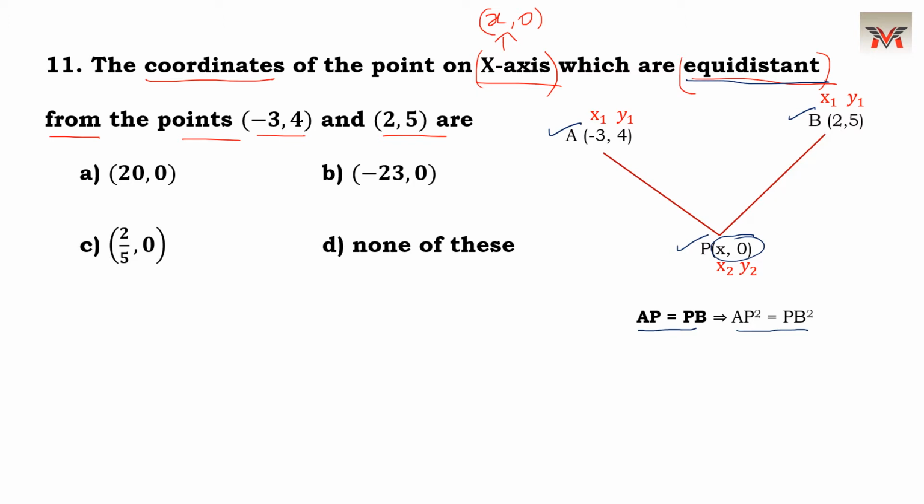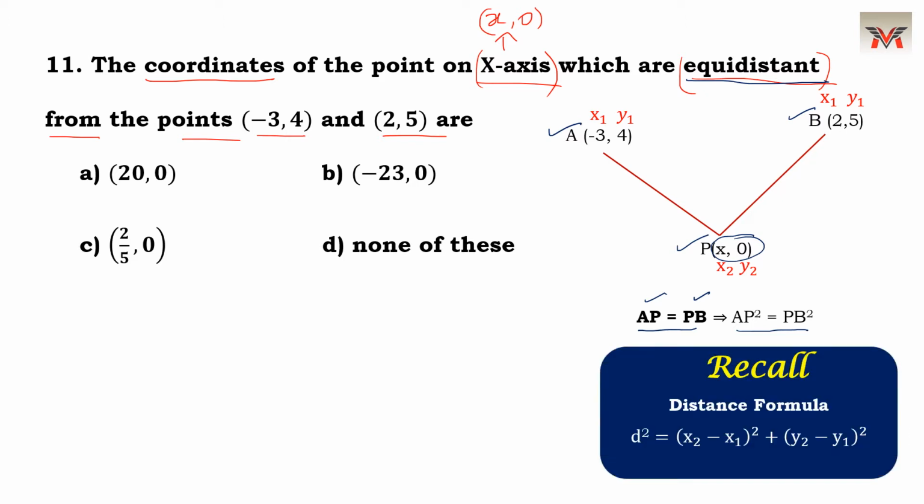What do we have to do here? We apply the distance formula to find the distances AP and PB, and by equating them we can find the values of x and y. But here we already have y as 0, so we just need to find the value of x. We already know the distance formula.